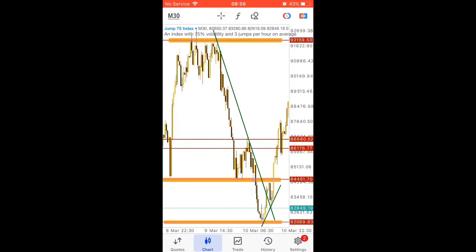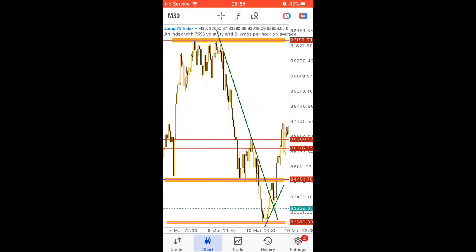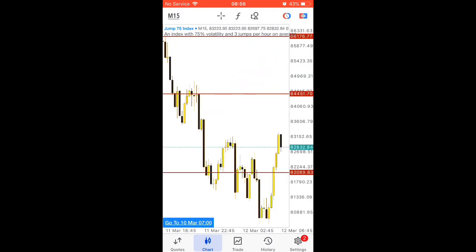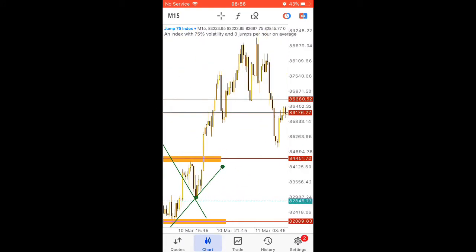So you see here I have a little bit of analysis. I have my resistance there, my support levels. Let me turn it to the side. You see this trend line. I'm a price action trader, by the way, if you guys don't know yet.